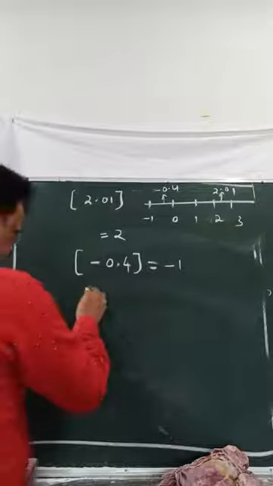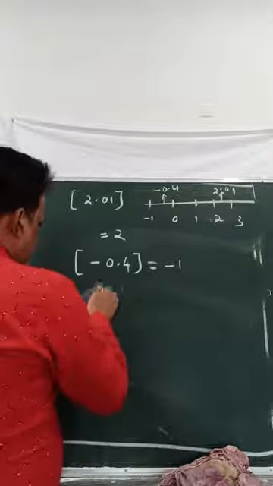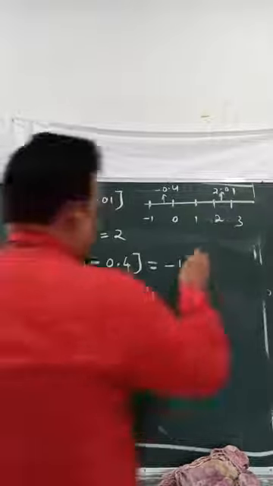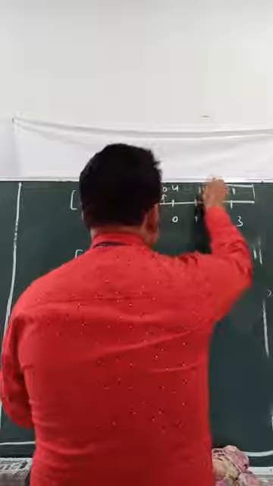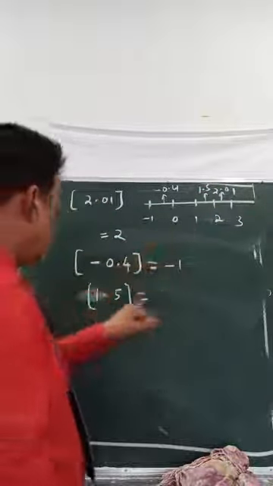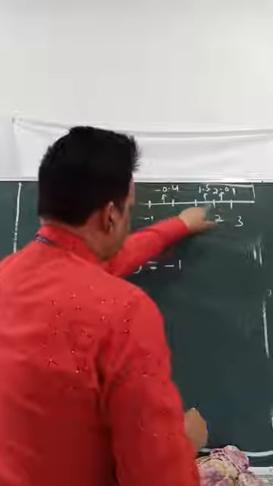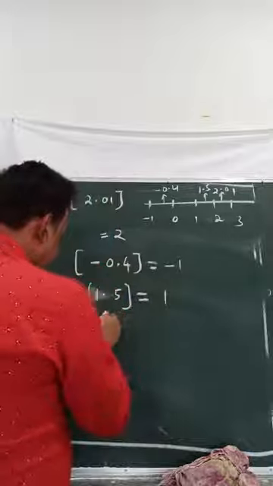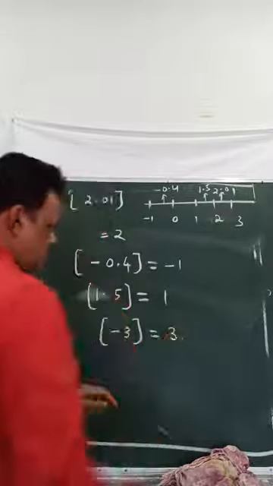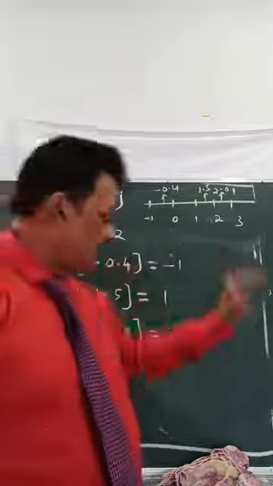If you take 1.5, 1.5 is here. So 1.5 is there means this value will be equal to which one? If I take 2, it is bigger, so it will be 1. And if it is an integer, it will remain an integer. Okay, these are the examples you have taken for this greatest integer function.